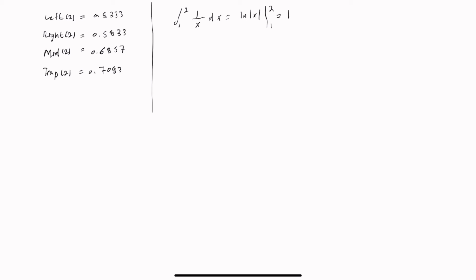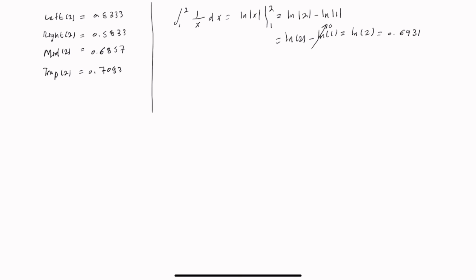So that's going to be natural log of the absolute value of 2 minus natural log of the absolute value of 1. Since these are positive numbers, that can be written as natural log of 2 minus natural log of 1. Notice that natural log of 1 is going to be 0. Therefore, we'll end with natural log of 2, which is equal to 0.06931.